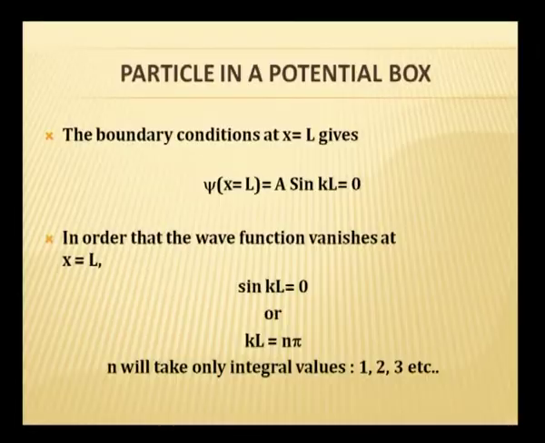So, a sin kL should be equal to 0. How will you make a sin kL equal to 0? Because the boundary condition demands psi to be equal to 0, and a is a non-vanishing constant, sin kL should be equal to 0.